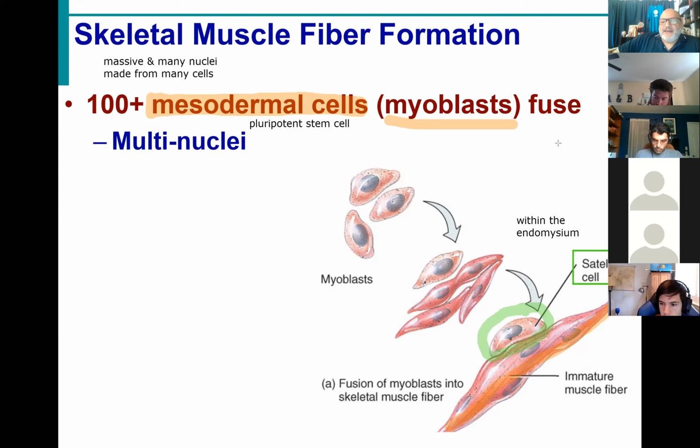So if a skeletal muscle cell is killed or damaged, that satellite cell that is sitting right next to it has the ability to divide, to make new myoblasts, to repair or replace the muscle cell that has been lost. However, do we have an unlimited supply of these satellite cells?